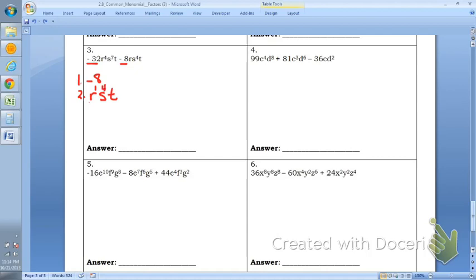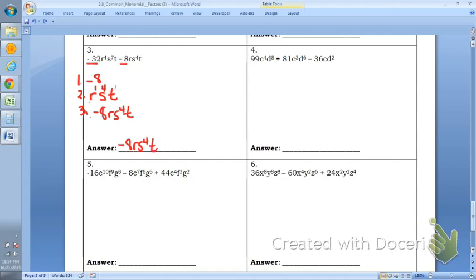And the smallest exponent on the T is 1. So put those together to create the greatest common factor of negative 8 R S to the 4th T. Negative 8 R S to the 4th T.